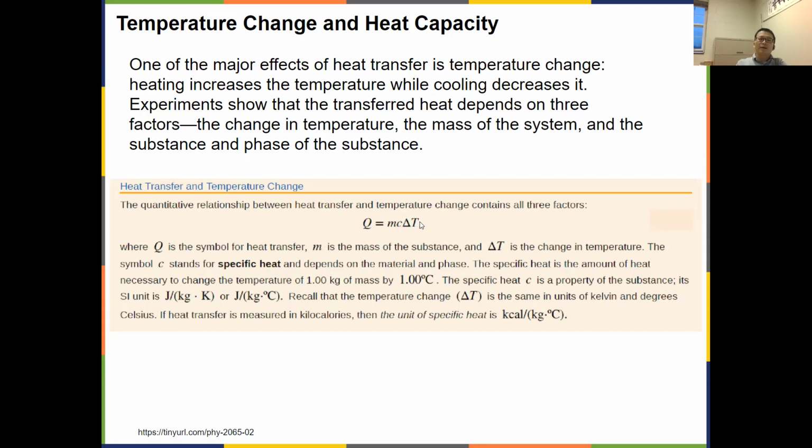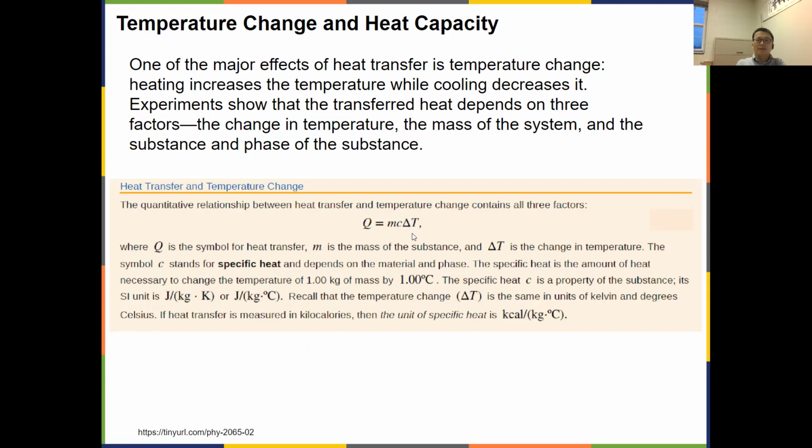Sometimes you see people just use Q equal to capital C times delta T. In that case, capital C is the heat capacity. The specific heat capacity means heat capacity per unit mass, so capital C equals m times c. Going back to this equation, Q equals the mass of the object times the specific heat capacity times delta T.